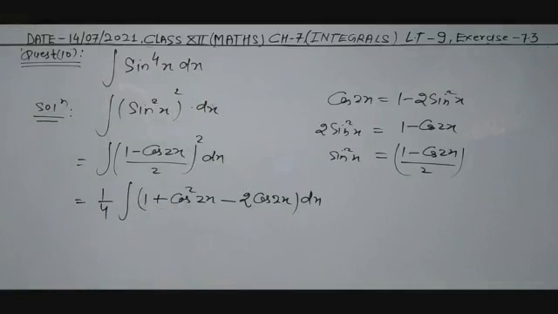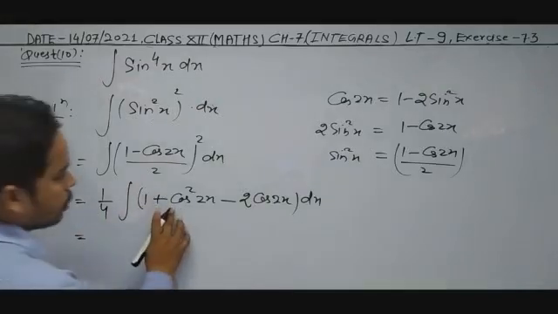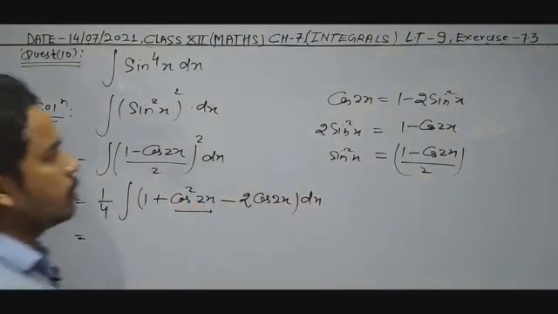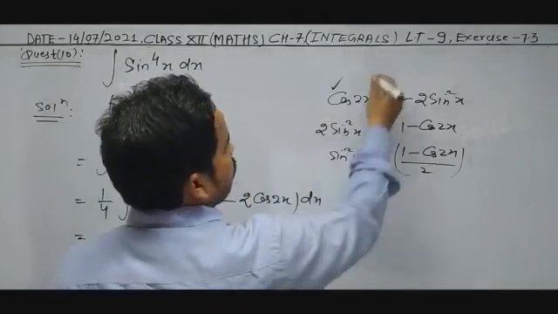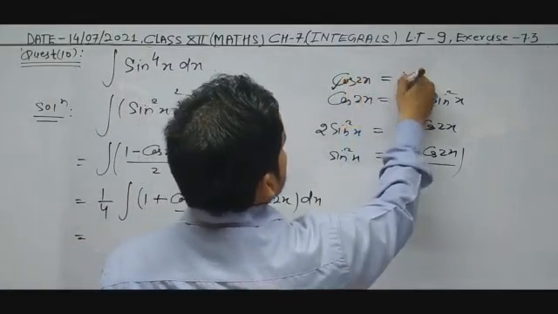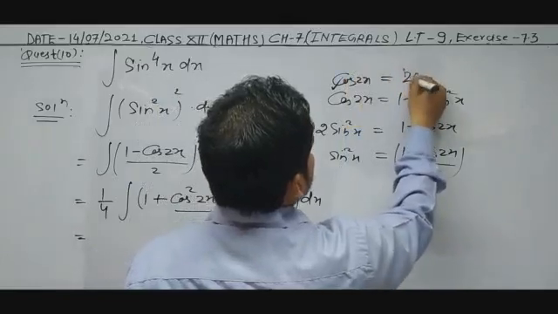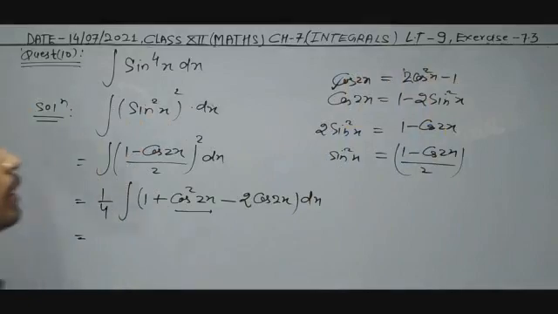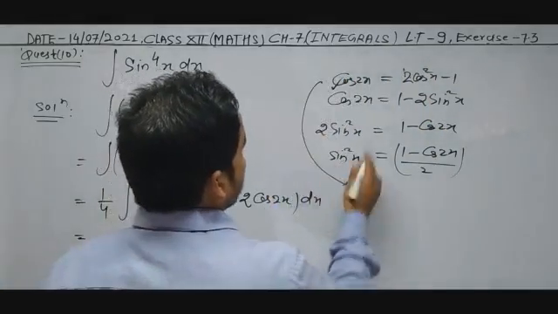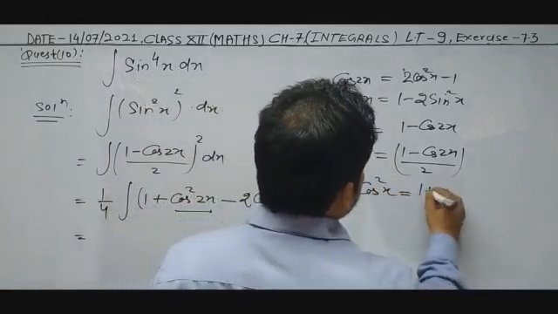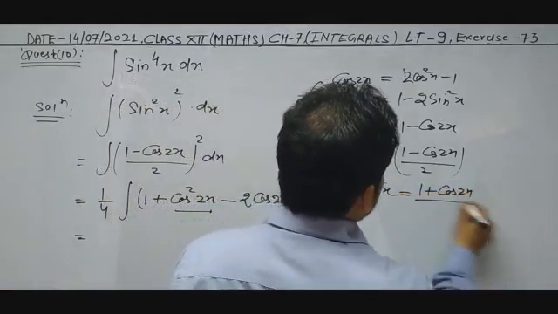So now again you have to convert cos square 2x. From the formula you also know cos 2x is 2 cos square x minus 1, and from this cos square x can be written as (1 plus cos 2x) by 2.